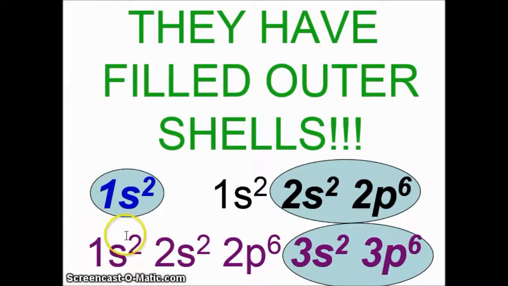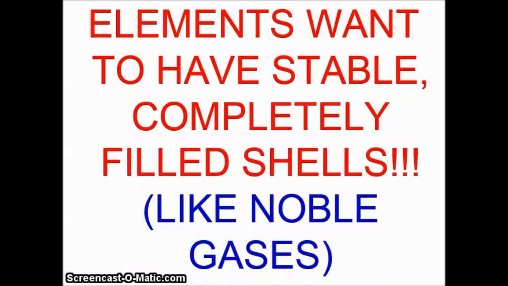Argon has the first energy level full, the second full, and the third energy level is also full. That makes it a very stable electron configuration, and it doesn't need to react with anything else to reach this. So we see that elements want to have stable, completely filled shells, just like the noble gases.